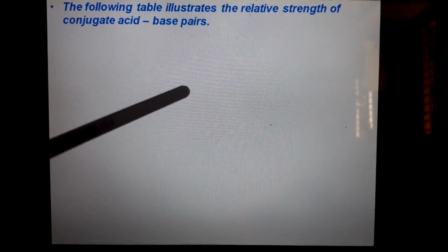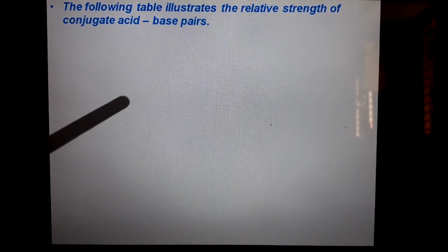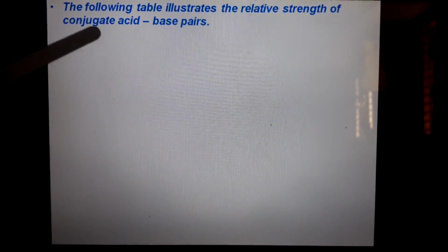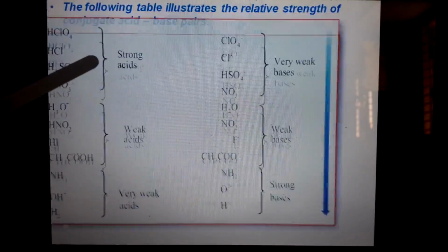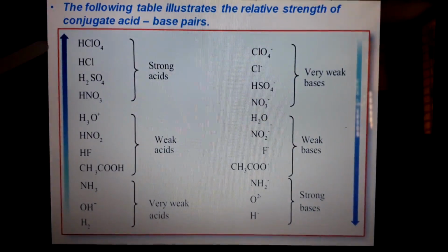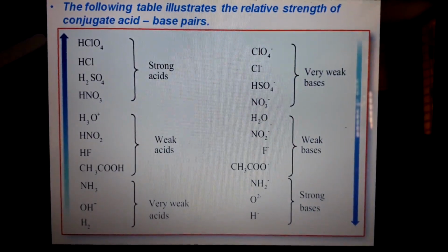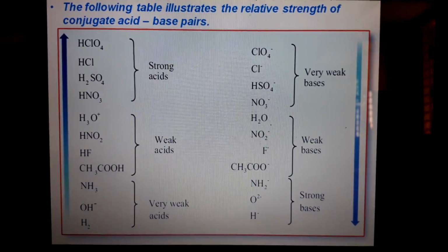The above table indicates the relative strength of conjugate acid-base pairs. In this table, from bottom to top, it is increasing order of acid strength, from weak acid to strong acid.